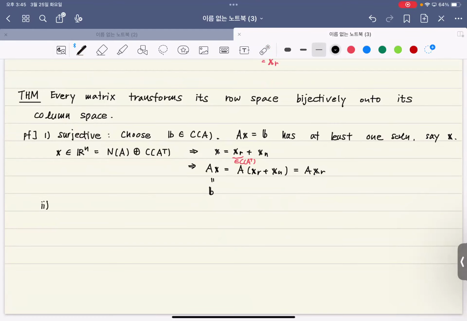Now, injectivity, or one-to-one. Injection and one-to-one are the same thing in the world of mathematics.